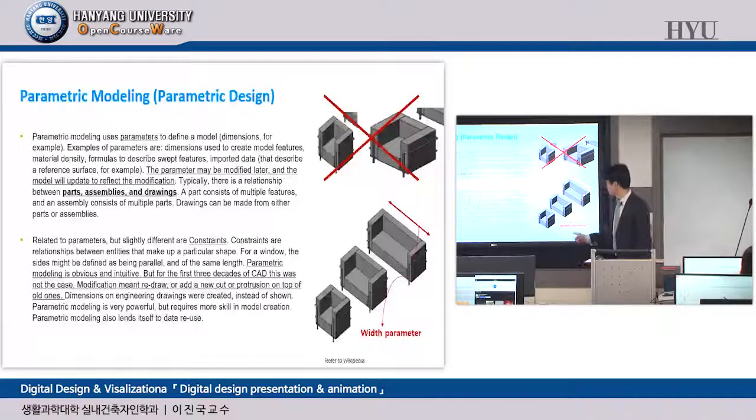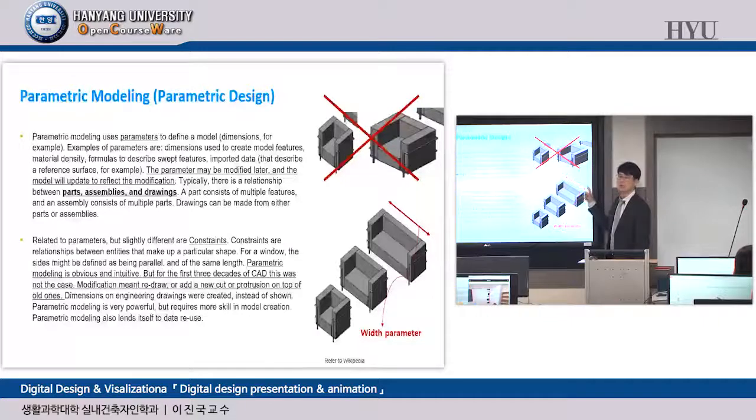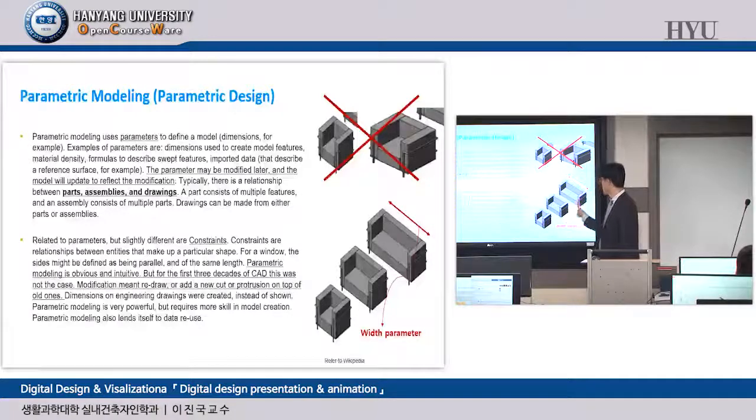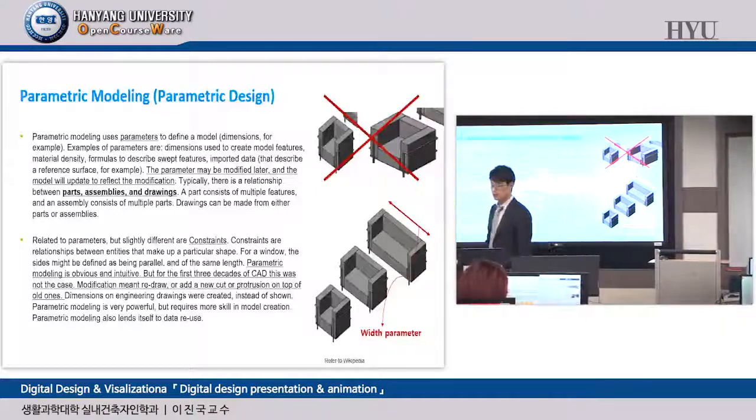But if you have a width value and it's controllable, editable, take a look. Couch for 1, couch for 2, for 3. Same thickness for the arm and the same thickness for the frame, legs, okay? Do you see the difference? This is the parametric model we have, okay?